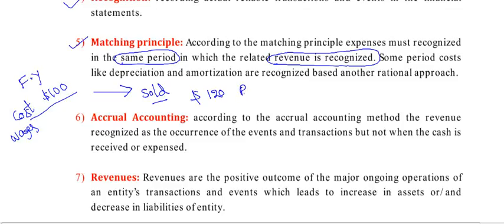You are recognizing the revenue in financial year 15, so in the same period you have to recognize this cost in financial year 15 only. So again, I am reading this.